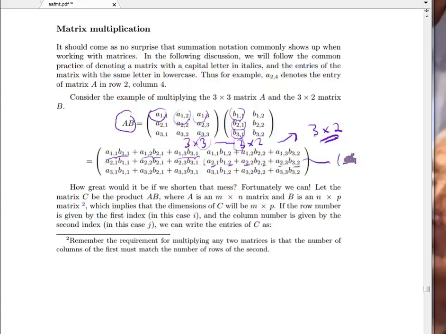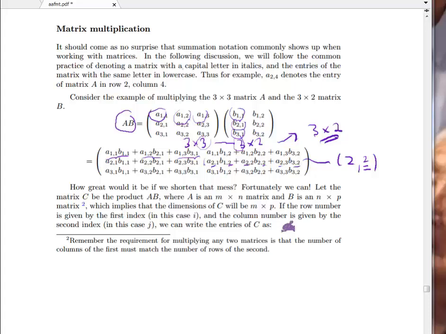This is the 2,2 entry. So you see the first index on the A determines the row index of the location in the final product, and the last index of B determines the column index of the location of the product.